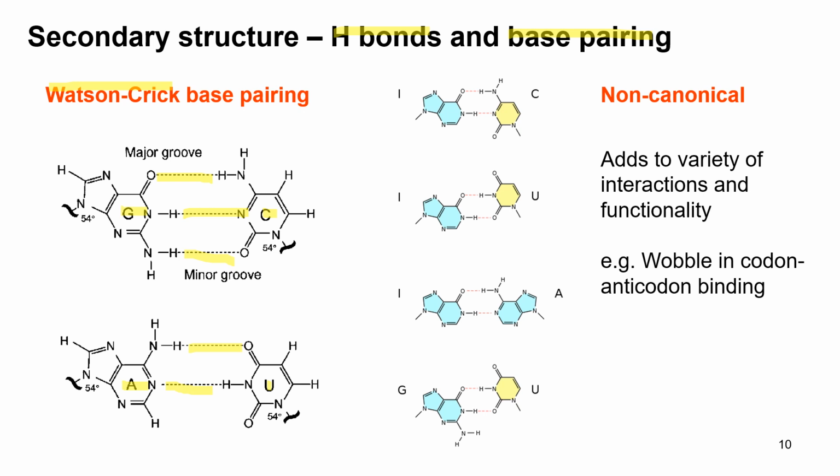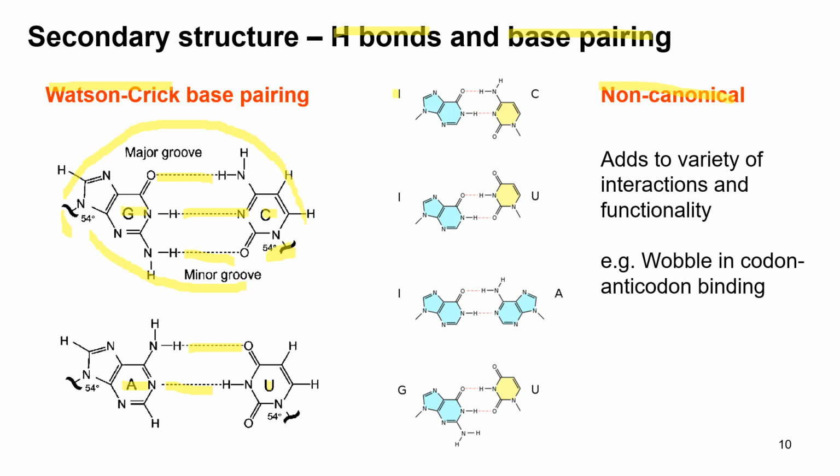And like DNA, because the location of the ribose sugar is here, the distance on this surface is going to be larger, so this forms the major groove in a helix structure, and round this way is the minor groove. There are also non-canonical base pairings between nucleotides, including the modified ones that we saw earlier.